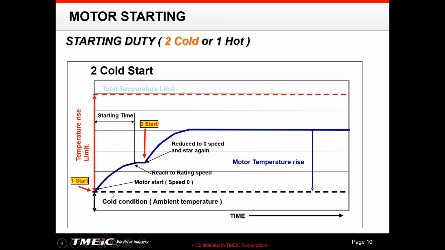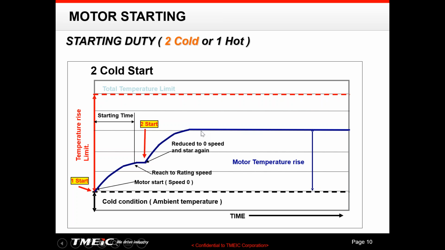So we start the motor from the ambient temperature, which is the cold condition. That's the first start. If it was a successful start, then the motor temperature will be stabilized after a few hours. But if that wasn't successful, then you have another chance to start the motor from that standpoint.